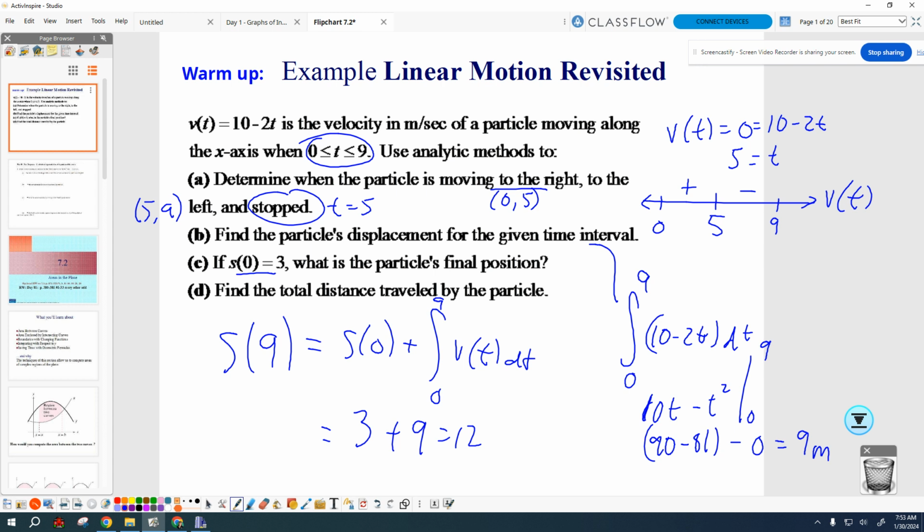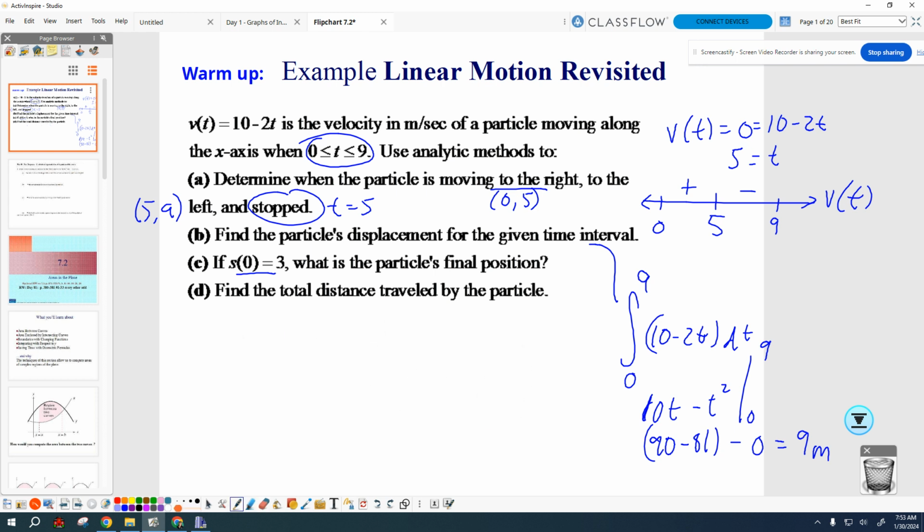Jasper, what's the difference between part B and part D? Total distance is like if you go backwards, it's still distance. Okay, so like the squirrels in a Fitbit, if you're traveling backwards, you're still traveling. So how does that change how we do this problem? You have to find the integral of velocity from 0 to 5.